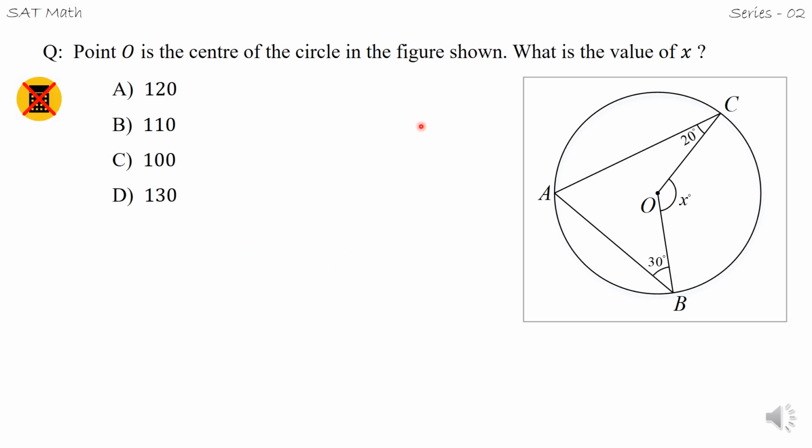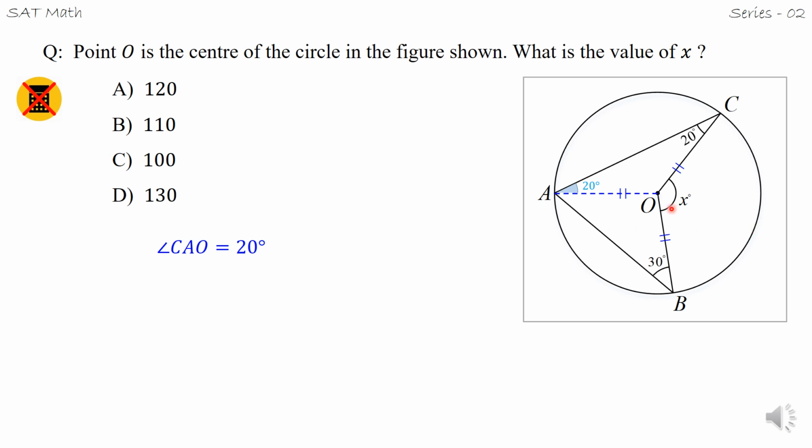Okay, in this question we need to find the value of x. First join AO. So these two sides AO and OC are equal, because these are the two radii of the same circle. So since these two sides are equal, this angle CAO is also equal to 20 degrees.